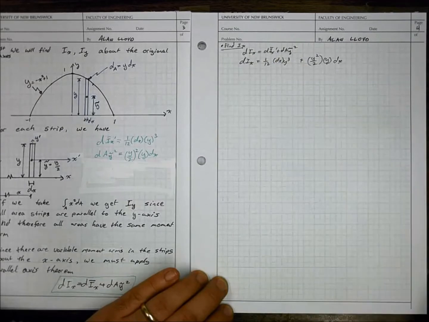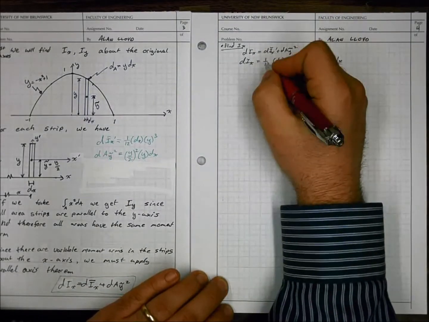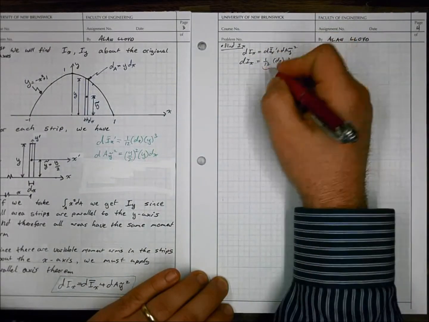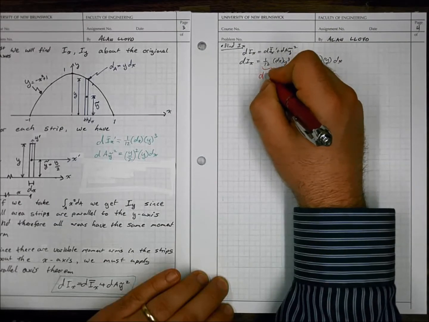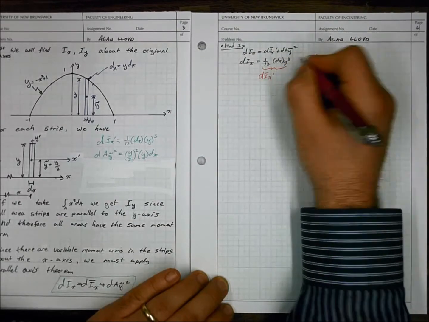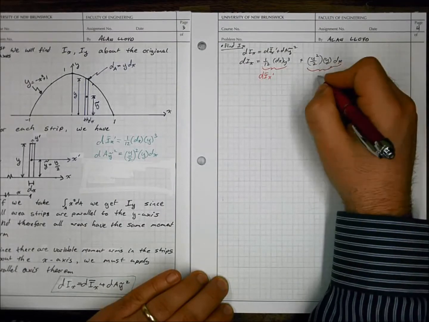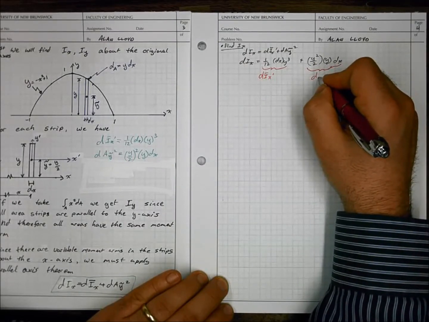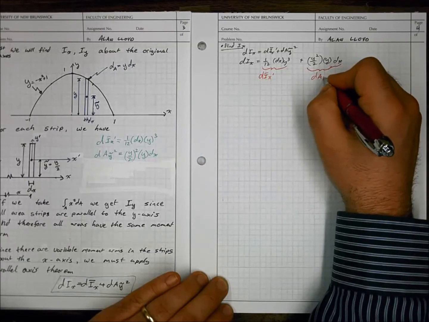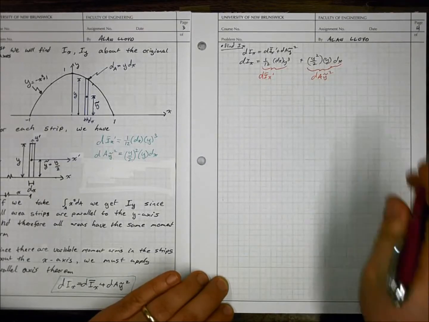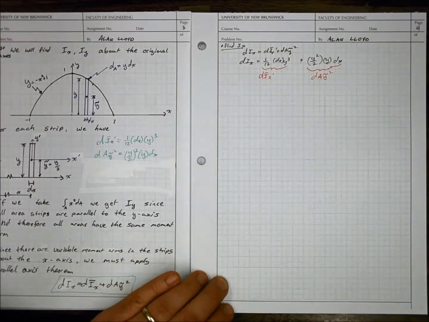Just in case that wasn't clear, this is dĪx', and this all the way over here is dA y bar squared.